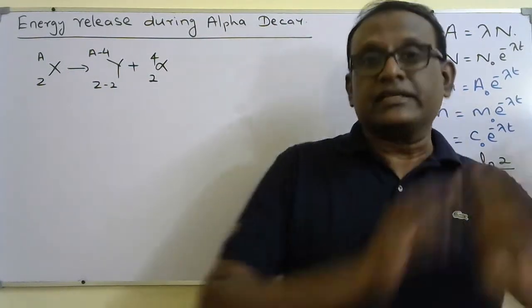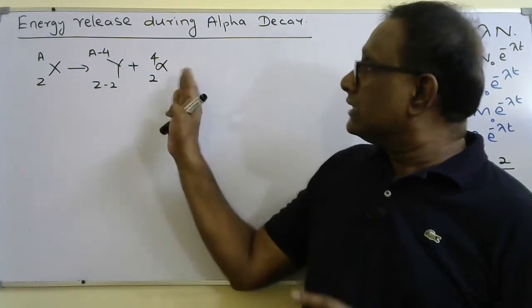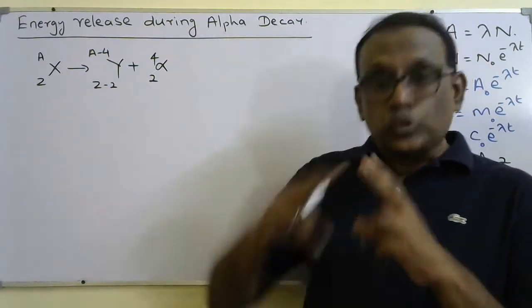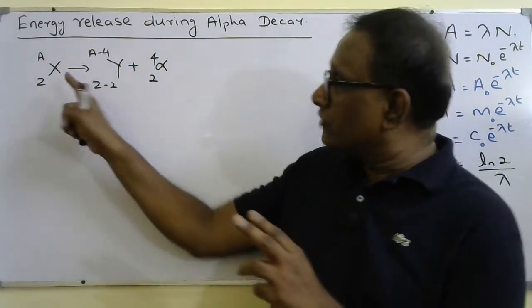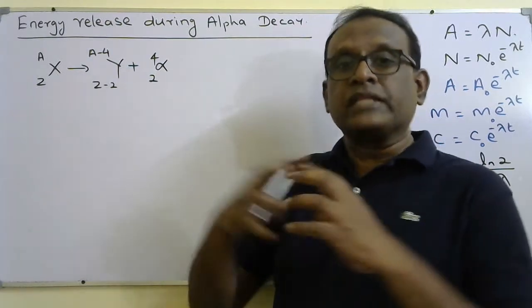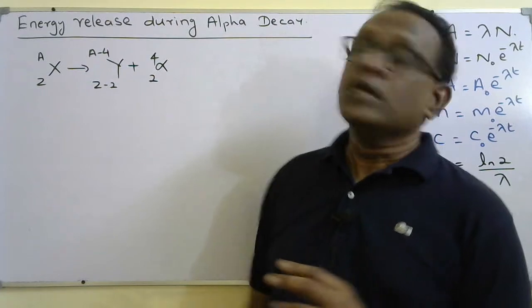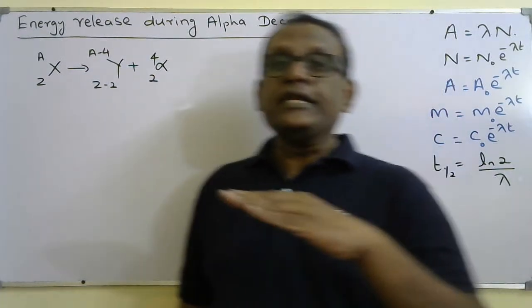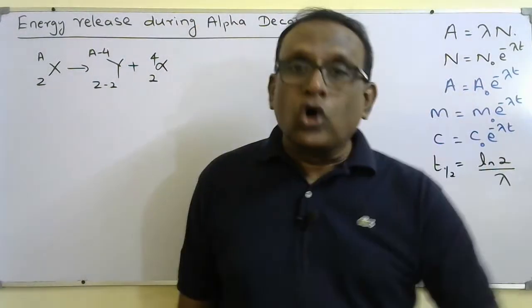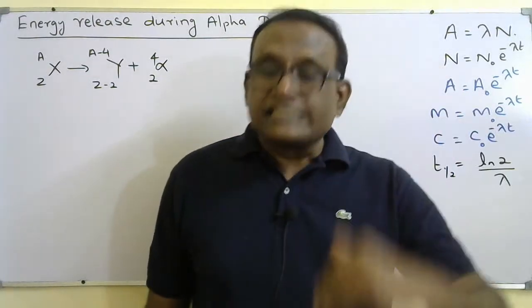There is another reason. After throwing away two protons and two neutrons from the parent nucleus in the form of an alpha particle, the remaining nucleons form the daughter nucleus. The remaining nucleons will try to get the lower nuclear potential energy.